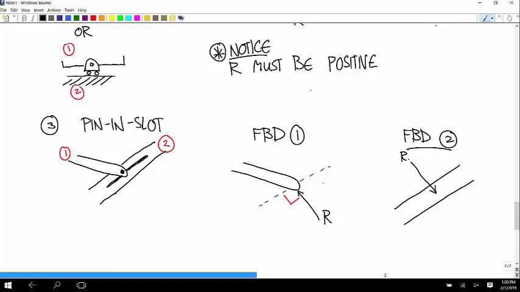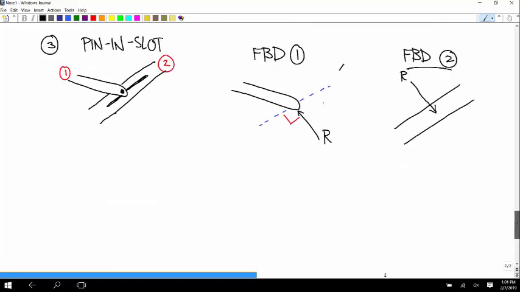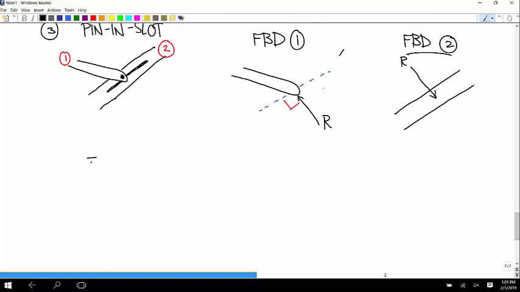And if it tries to move in this direction, the slot stops that from happening. So for the pin and slot, that R can be positive or negative.